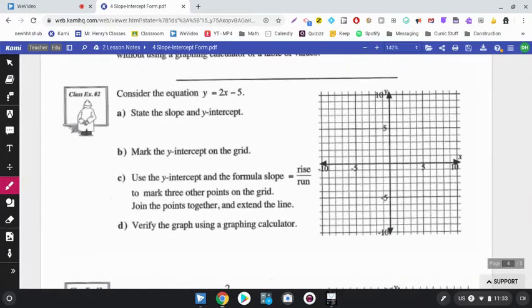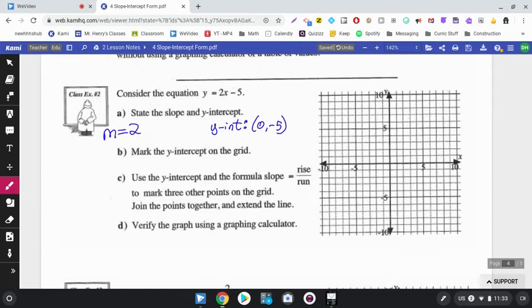Because if I look at this, consider the equation y equals 2x minus 5. Well, I know the slope, right? The slope is 2. And in terms of y-intercept, the y-intercept is negative 5. So as a coordinate pair, that'd be 0, negative 5.